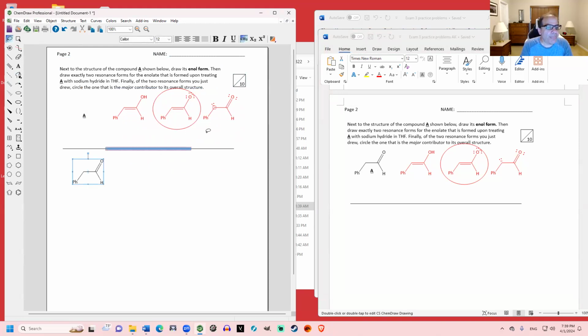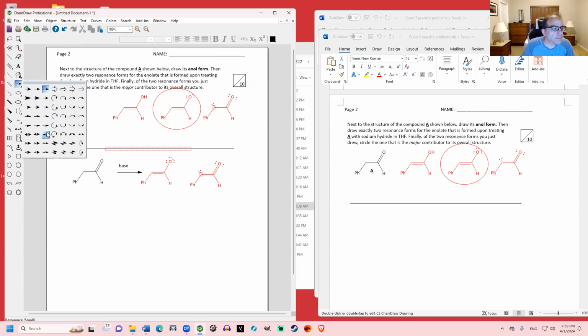Where we pointed out that this after deprotonation gives the enolate. And there's your enolate ion, the 2 resonance forms. One is the minus charge on oxygen, one is the minus charge on carbon.